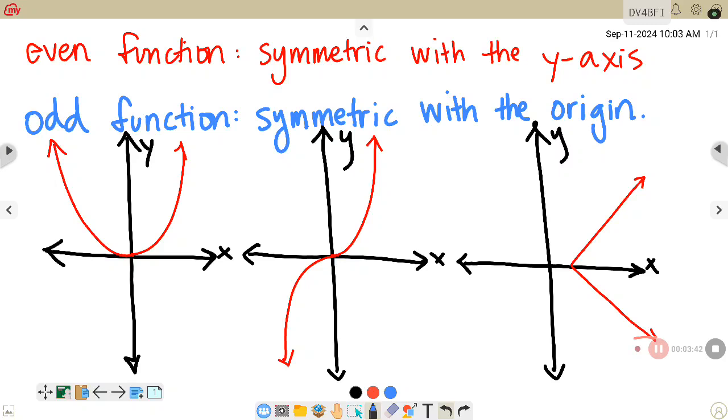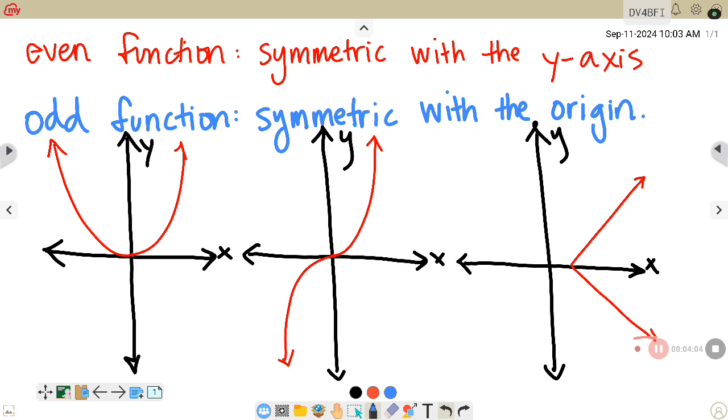Okay, in the last part of this video, we're going to talk about what it means to be an even function and an odd function. Even functions are graphs that are symmetric with the y-axis. In other words, if you fold the left of the graph across the y-axis, it will land on the right side of the graph.